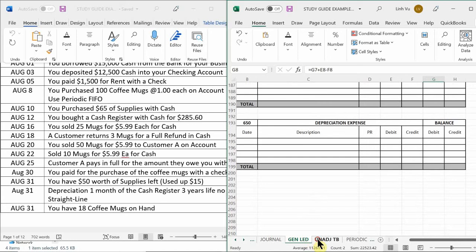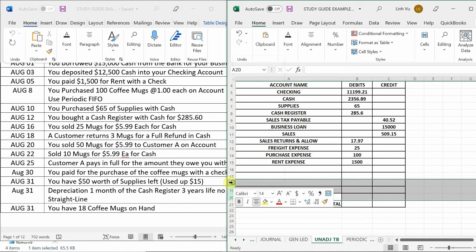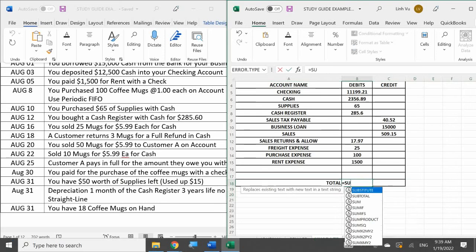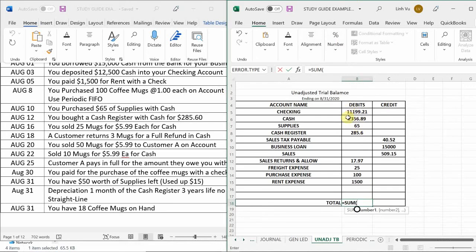So in this case, run your tallies. I get a total of 15,567. Good. My account's balanced. Okay.